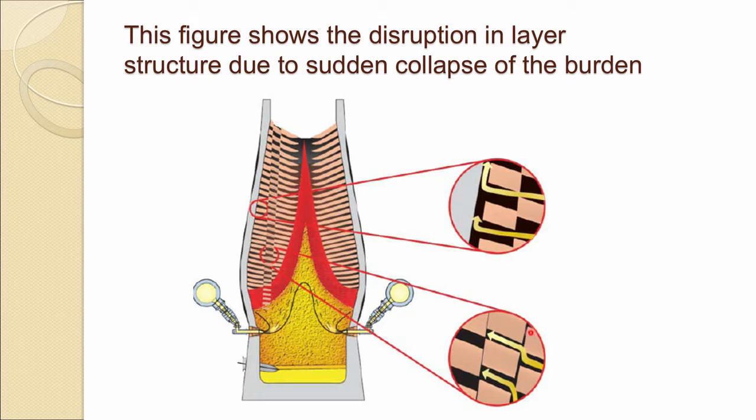Like in this one, the layer structure has gone, and now gas has to travel not only a longer path, but also face more resistance, which means a high pressure drop. The operation will get disturbed, it will not run smoothly, and then you have to change the layer structure again from the starting itself.